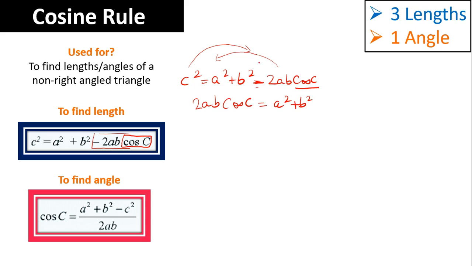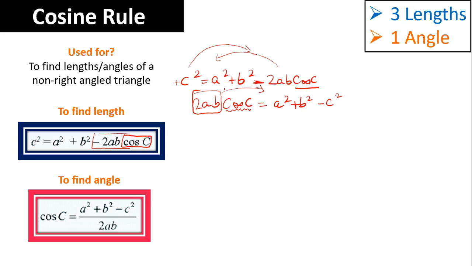When c squared goes to the other side, because c squared is positive here, it turns into negative. Now once I have a squared plus b squared minus c squared, as I told you, I would need this cos C, which means everything attached with the cos C should be going to the other side. So 2ab goes to the other side.